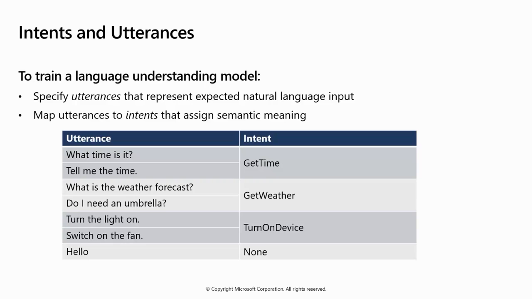Label consistently: the same entity should have the same label across all the utterances. And last, label completely: label all the instances of the entity in all your utterances. Don't worry about these labels right now because probably you don't know what I'm talking about. We are going to see this in the lab.